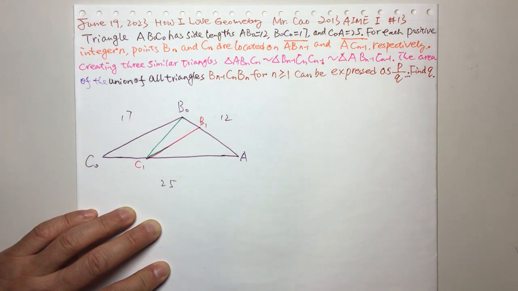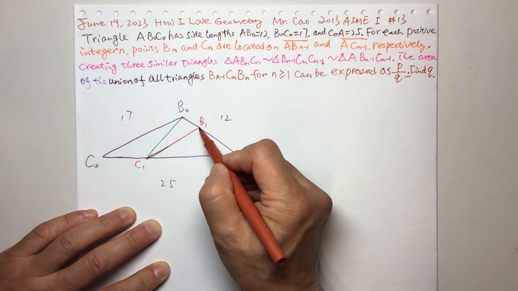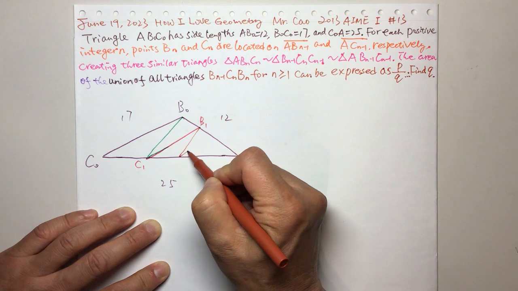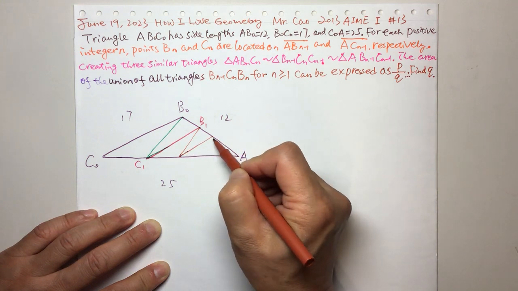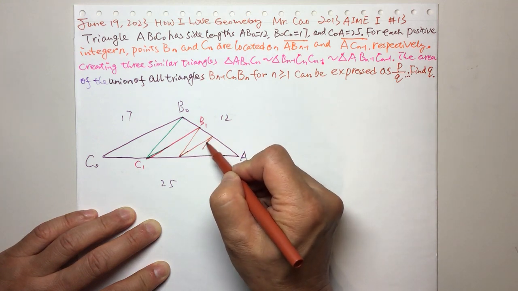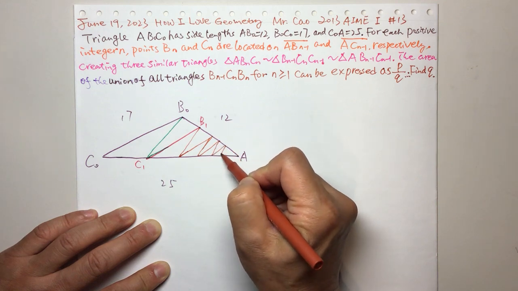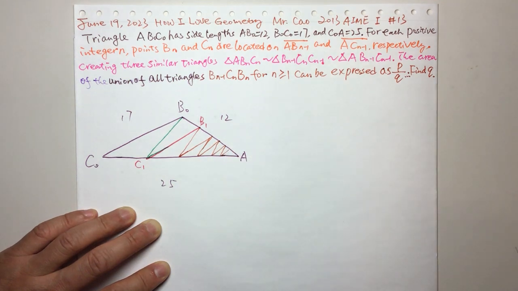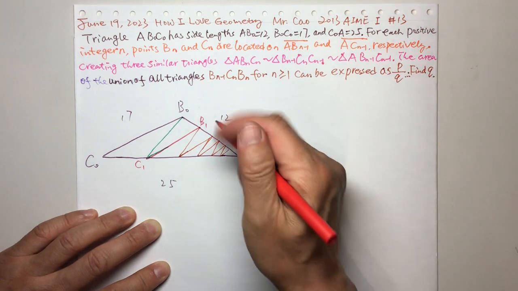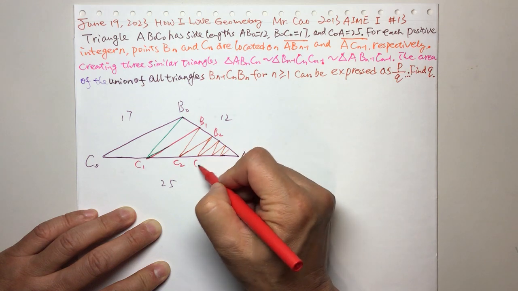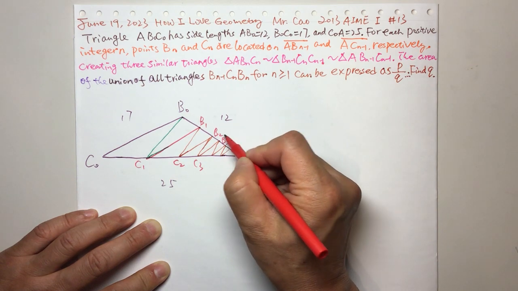So let's go ahead. And this is C2, B2, C3, and B3.